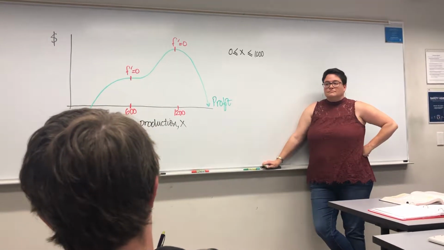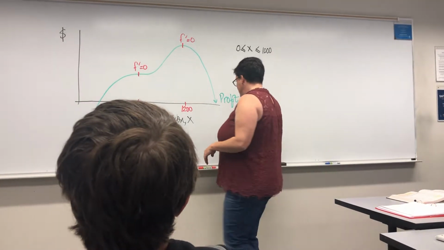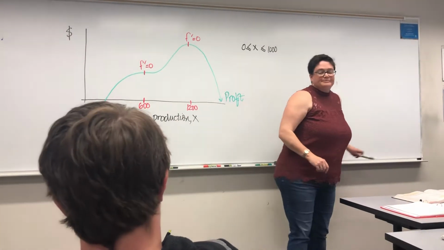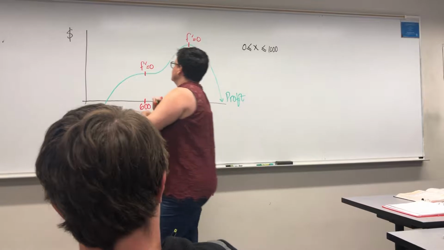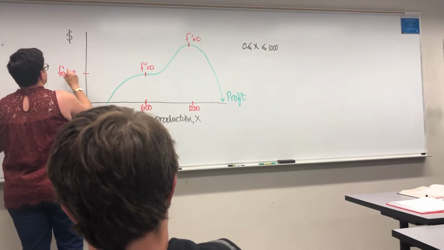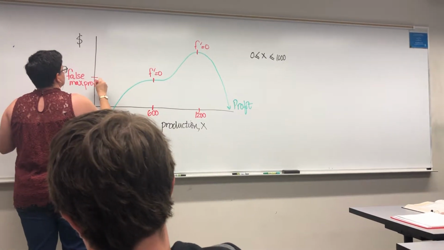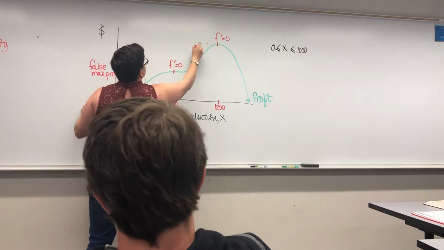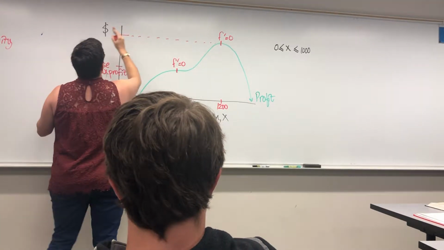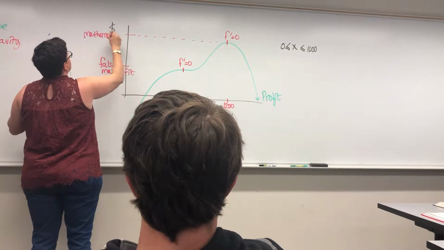100? 600? Let's back this up just a second. It's not 600. So this was a false max, right? We found that. False max profit. This was the mathematical max profit, the one you found using math.